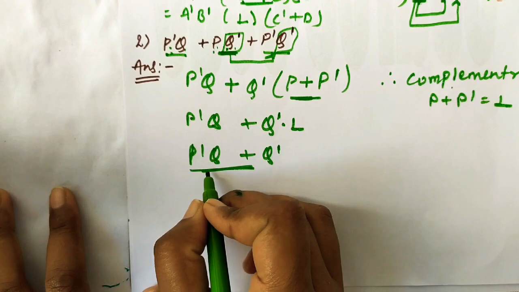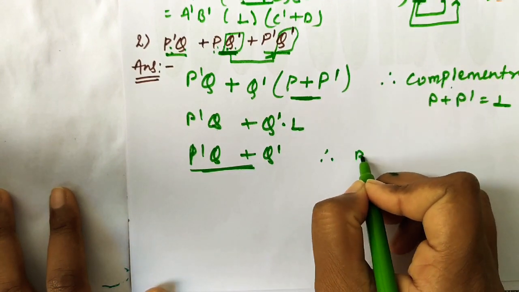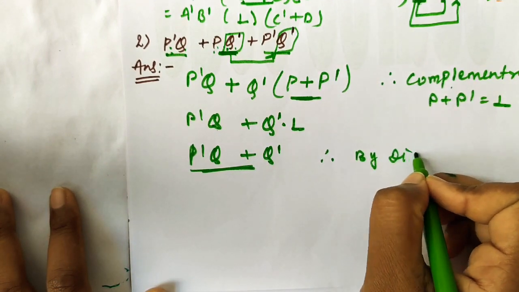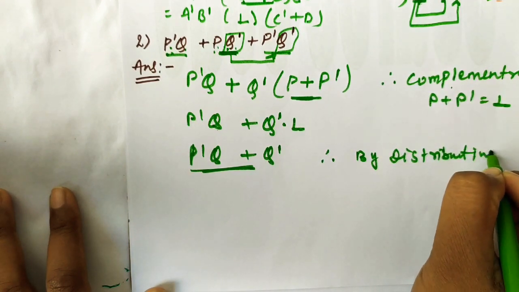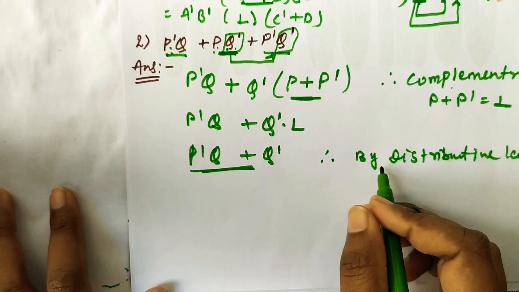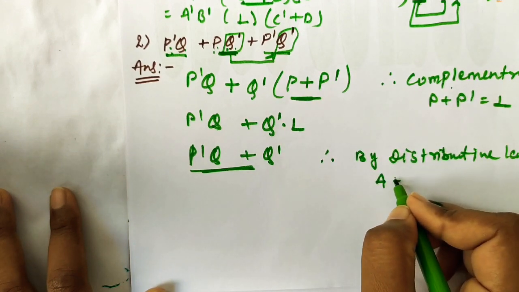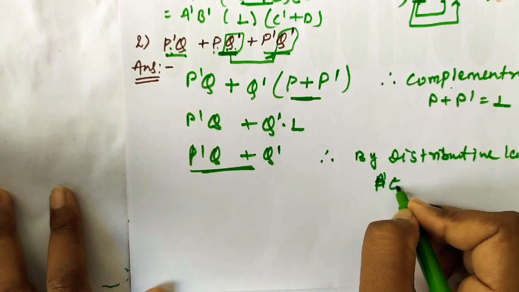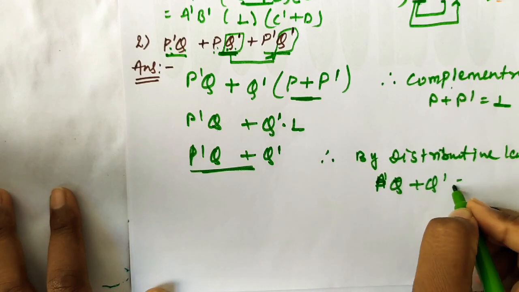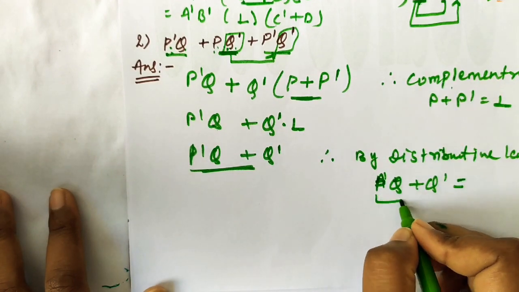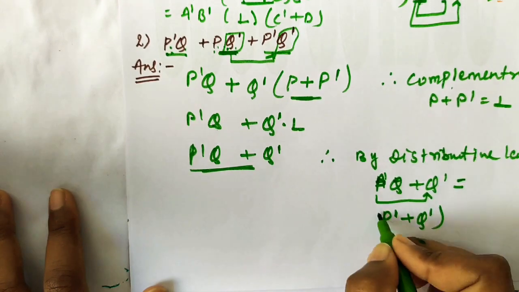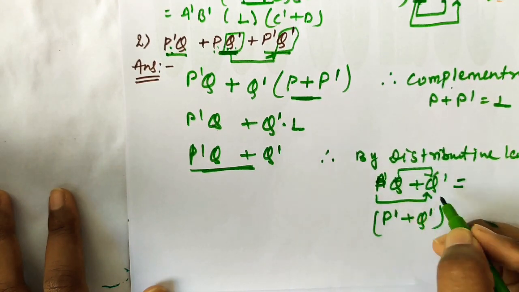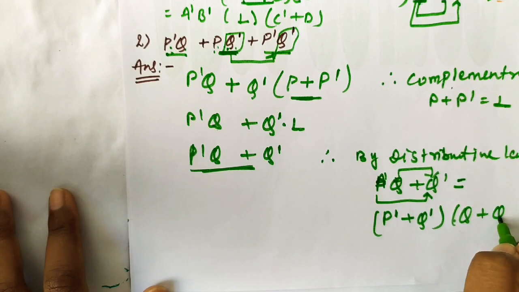Next, solve by the distributive law. Again we use the distributive law. What is the distributive law? Distributive means p dash q plus q dash equals: firstly multiply p dash with q dash, then q with q dash.